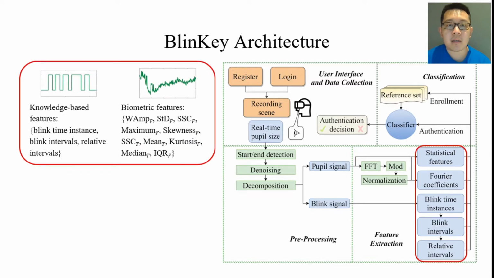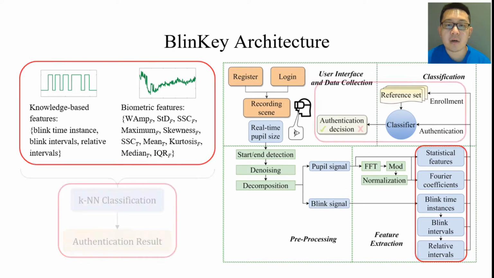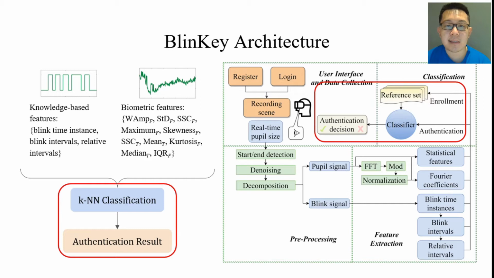After pre-processing, we extract certain features from the blink pattern signal and from the pupil size adaptation signals in time and frequency domains. By applying a KNN classifier on the extracted features, Blinkey is able to compare a user's entry in the login phase with the key enrolled during the registration phase and decide if it's the legitimate user.